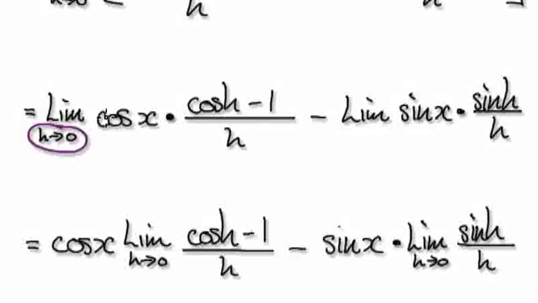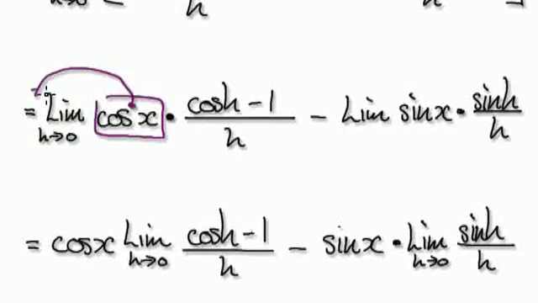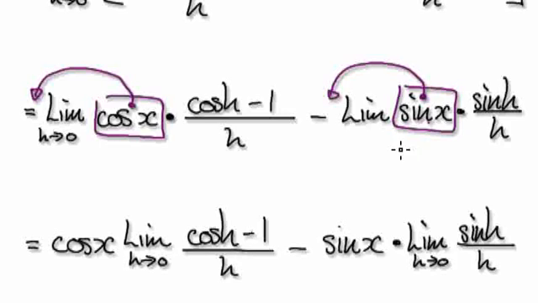You're taking the limit as h tends to 0, and this thing here doesn't really contain h, so you can actually take it out. Same with over here. Doesn't really contain h, so you can take it out here. And again, I forgot h tends to 0 here.